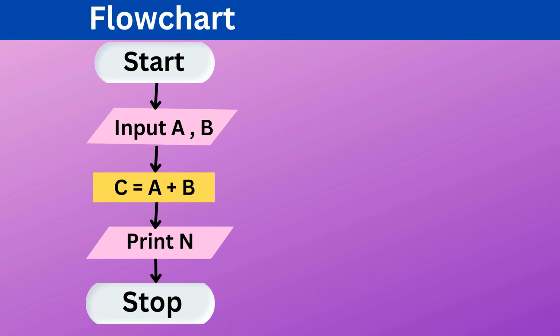In this flowchart, we add A and B and store the result in variable C by using C equals A plus B. So within the rectangle, we write C equals A plus B. After that, again a parallelogram where we print the result by using print C. At last, we end the program by using an oval which indicates the stop symbol.